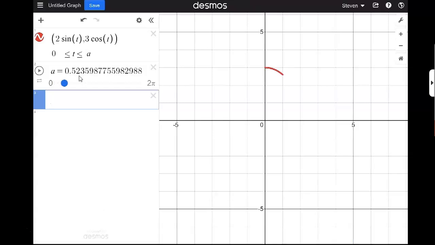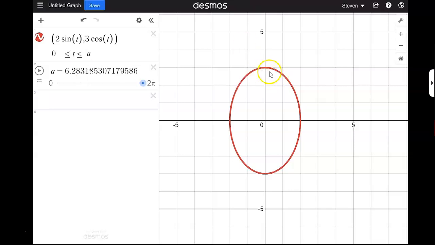So you can see here at pi over 2, I've hit my first vertical tangent line, there at (2, 0). The graph continues to swing around down to -3, where I hit a horizontal tangent line, -2 on the x, where I hit my second vertical tangent line, and back up to 0 here, where my first horizontal tangent line was.